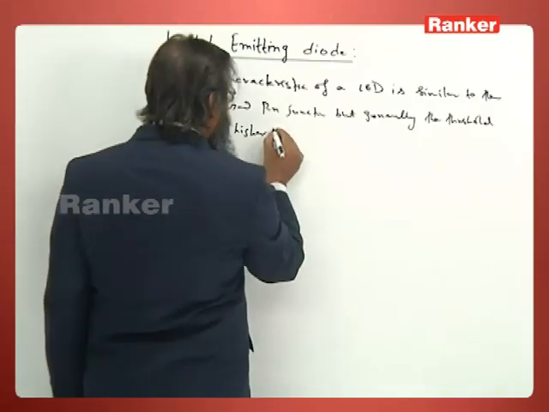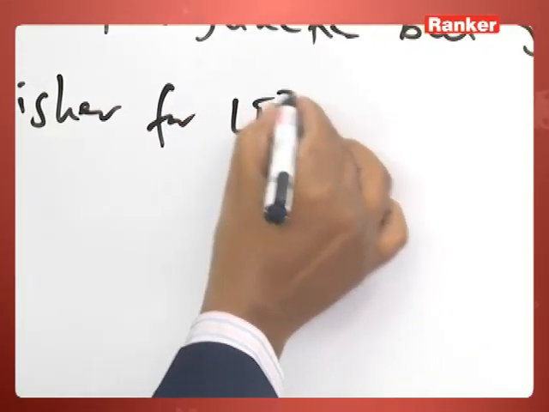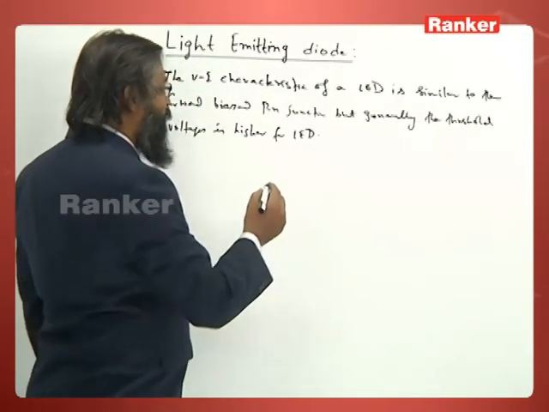Threshold voltage is higher for an LED compared to the normal PN junction diode.